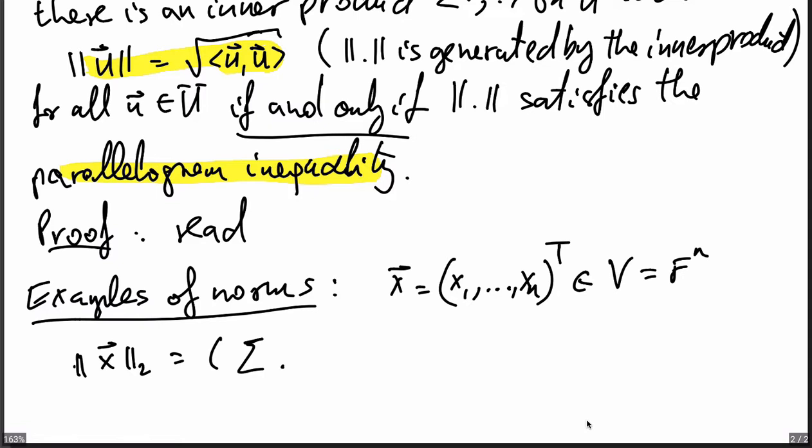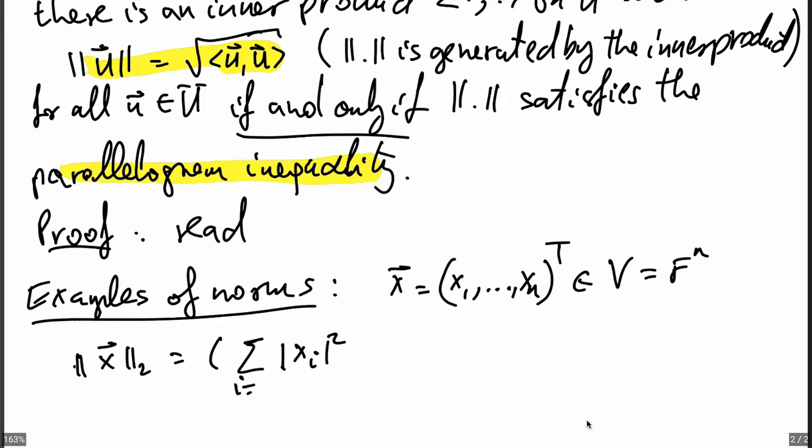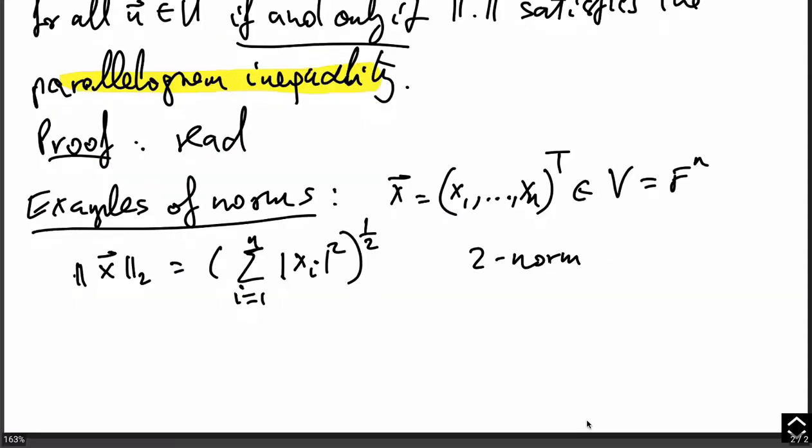In this case, it makes sense to use just the magnitude of the components. And we square them, and we add them up from 1 to n, and then we take the square root. So this is called the 2 norm, and it's also the Euclidean norm.